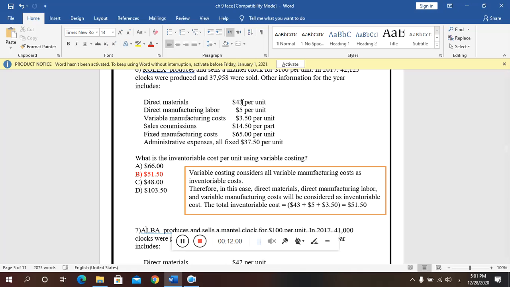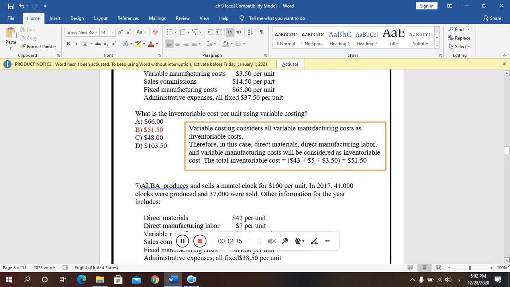So the inventoriable cost per unit under the variable costing method is $51.5. So the answer is B.